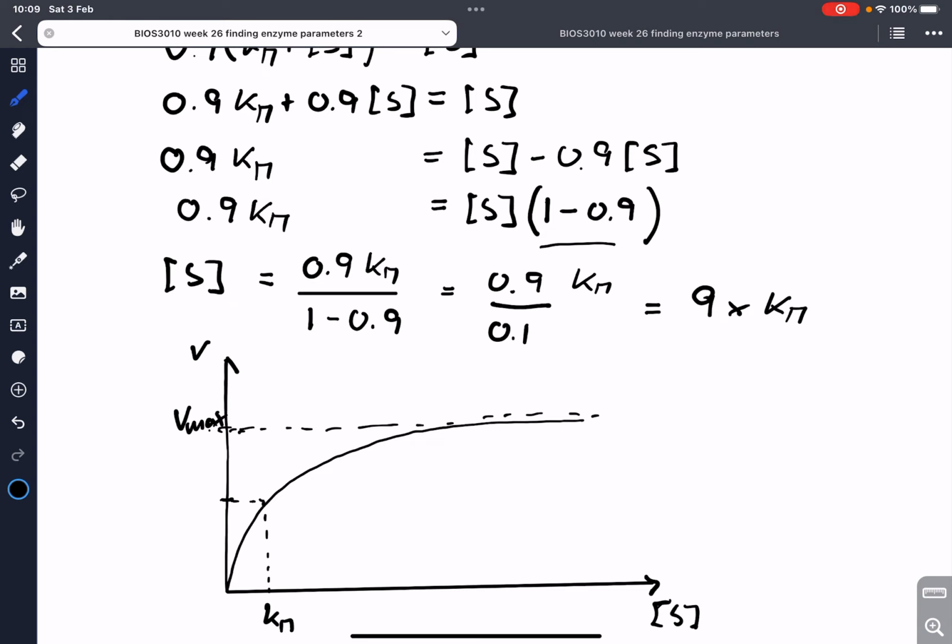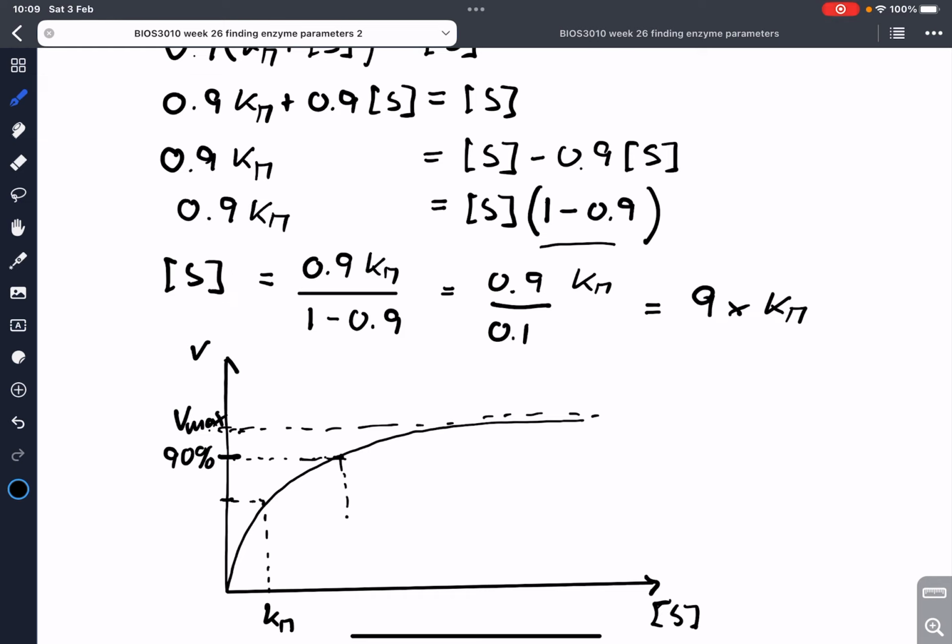And we want to know at which substrate concentration we have 90%. So 90% would be roughly here. That is our V. And we want to figure out what roughly is the substrate concentration that gives us this value.